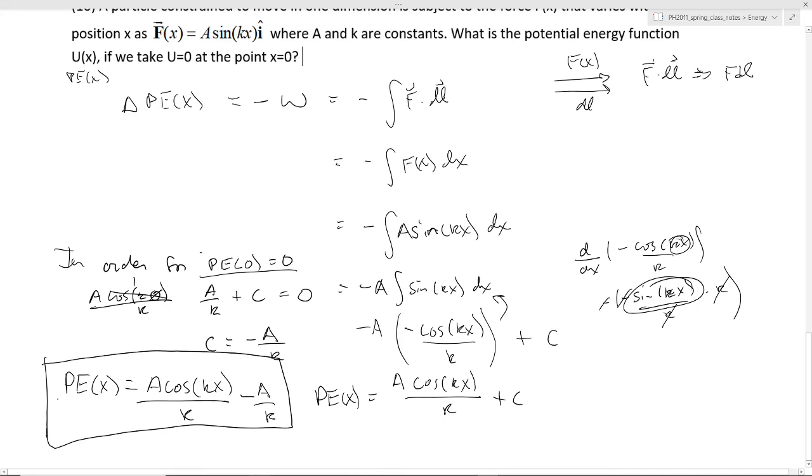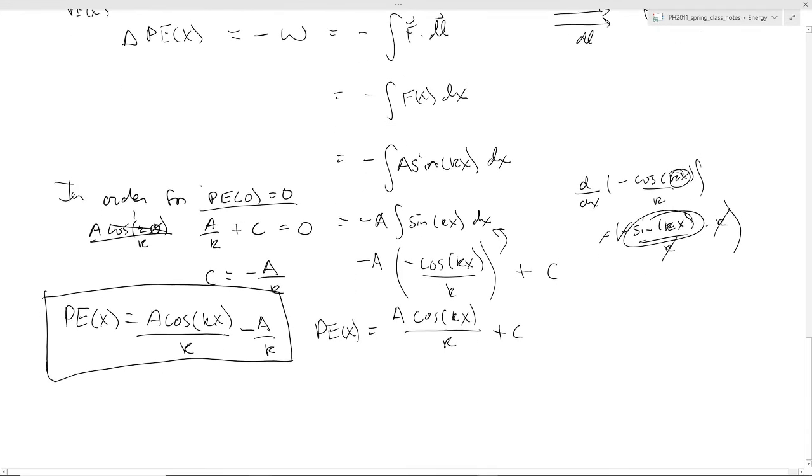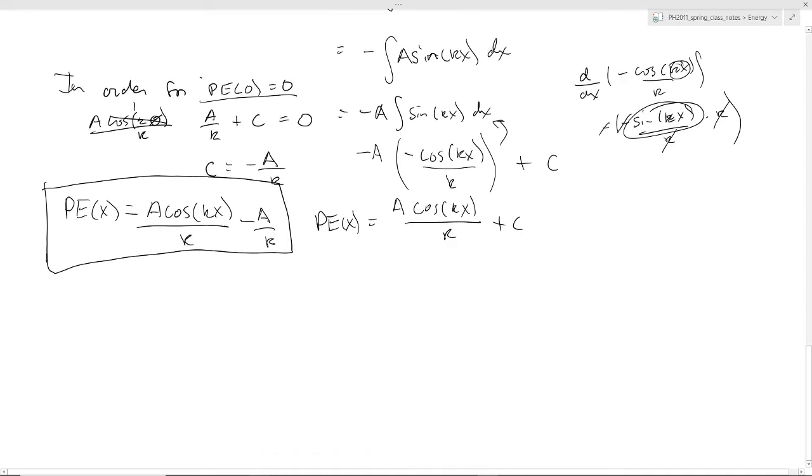Okay. So this is an example now of how we've gone from a force to an energy. How do you guys feel about that? Are you comfortable working with sines and cosines?